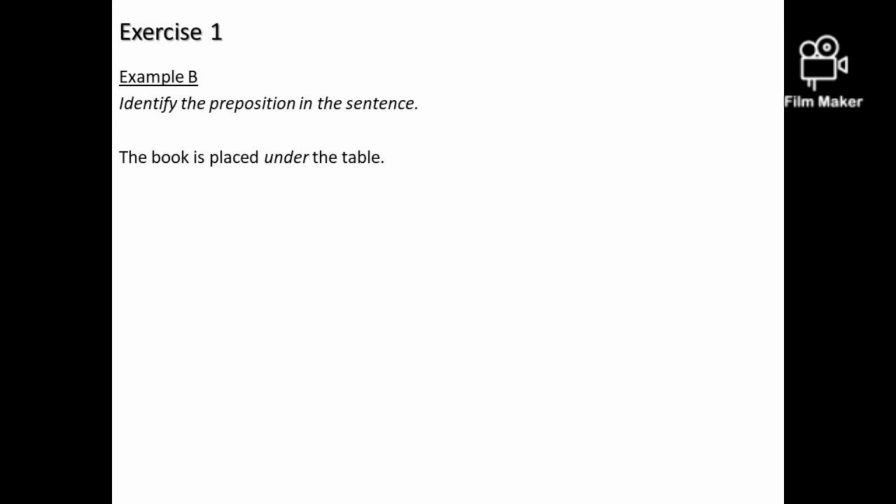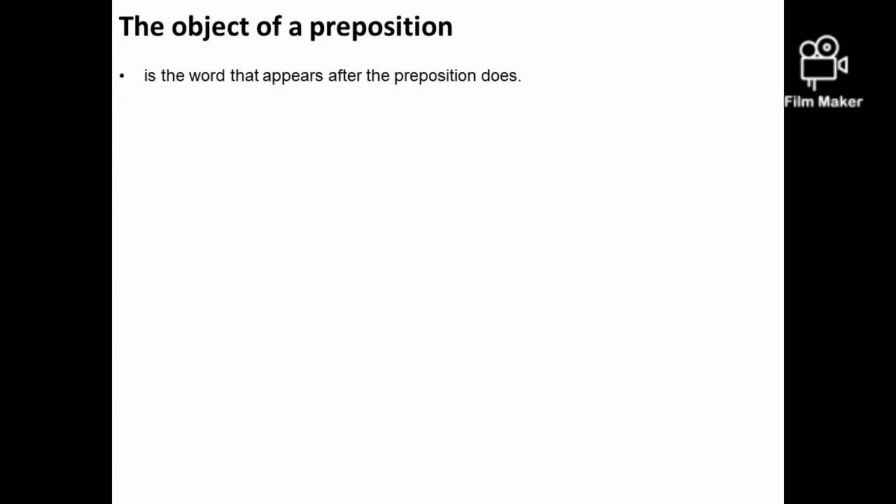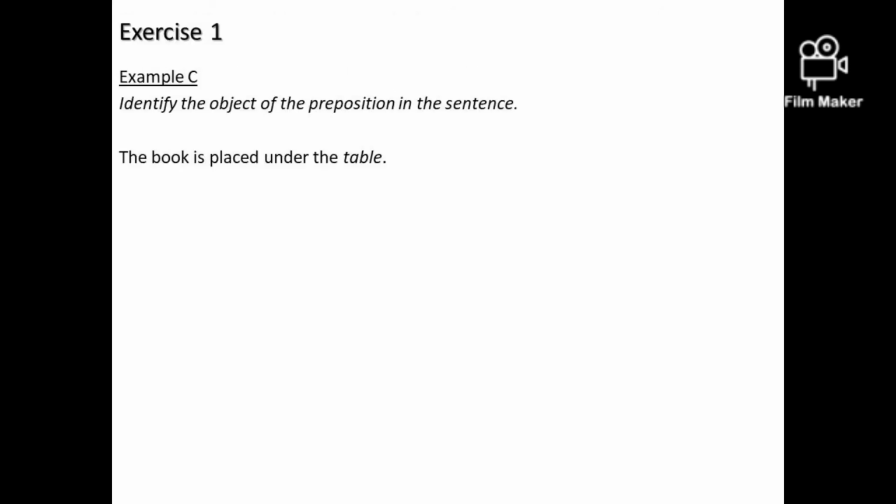The object of a preposition is the word that appears after the preposition. So now we basically read the sentence again so that we identify the object of the preposition.